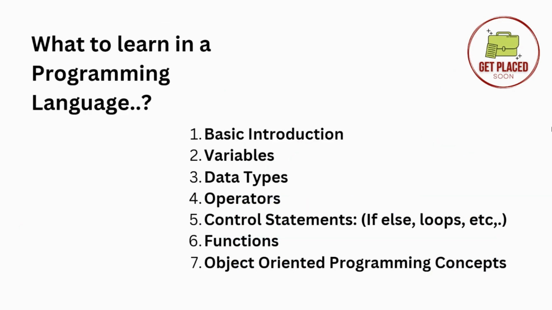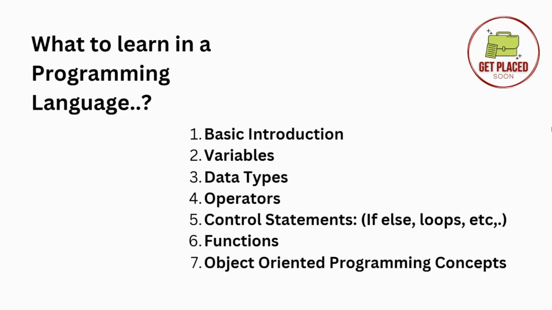Moving ahead, once you choose which language to learn, what all things you are supposed to learn. You need to understand the basic introduction and you need to learn the basic fundamentals of the language like variables, data types, operators, etc. Once you are familiar with all these three keywords, variables, data types, and operators, then you can start learning control statements, which means if else statements, loops, while loop, for loop, do while loop, switch cases, all these control statements you can learn.